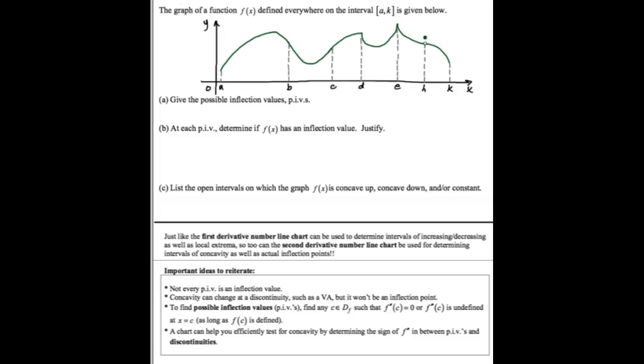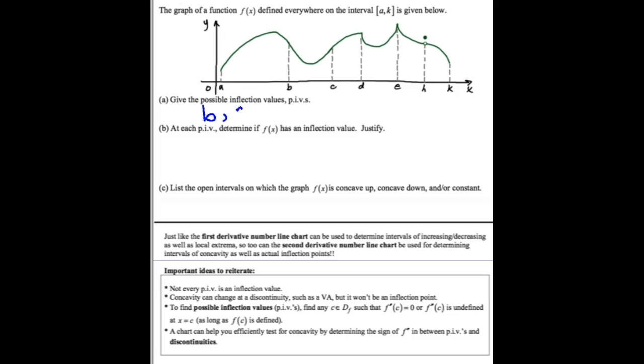On the top of here, I have a graph. So let's find all the possible inflection values. That's anywhere where it appears that the concavity is changing sign. So let's go take a look at this. I have possible inflection values at B. It appears like it's going from concave down to concave up.